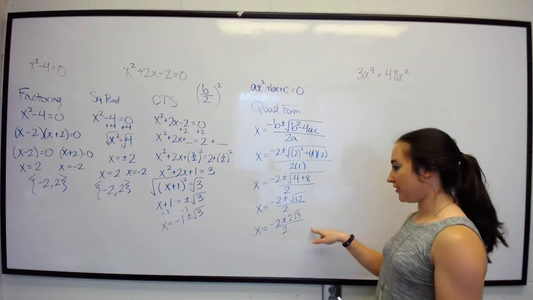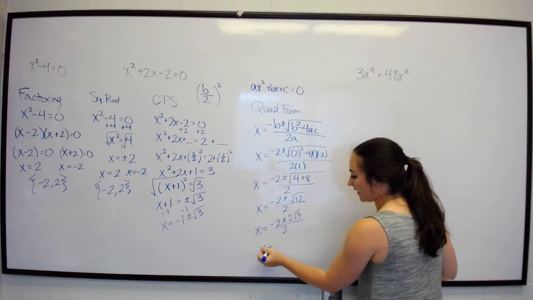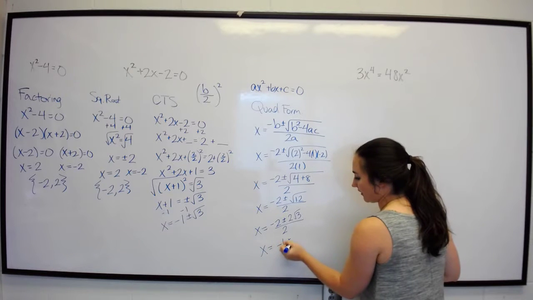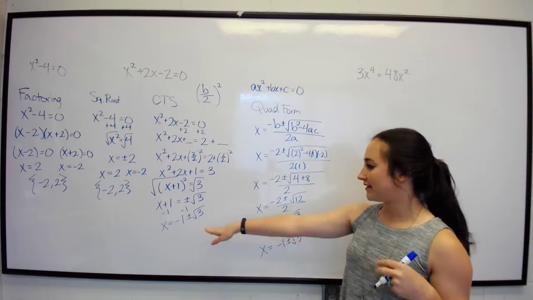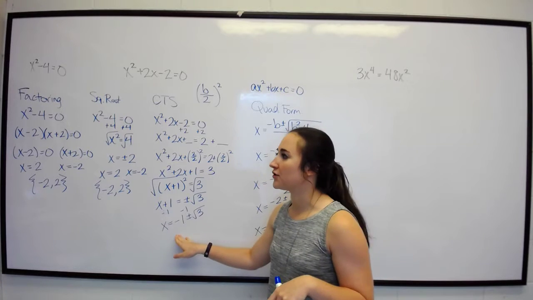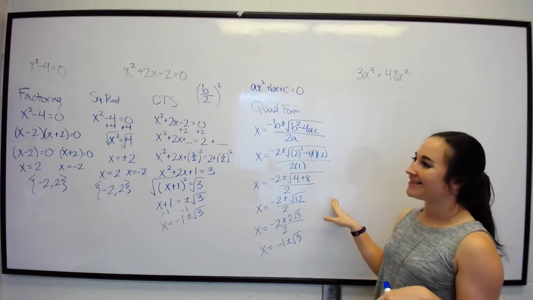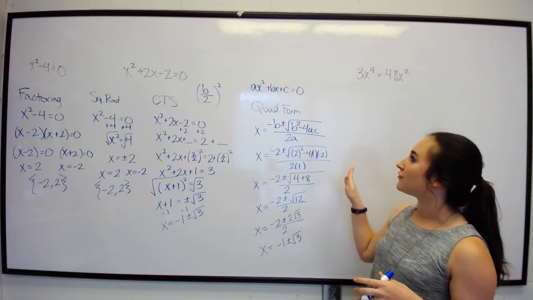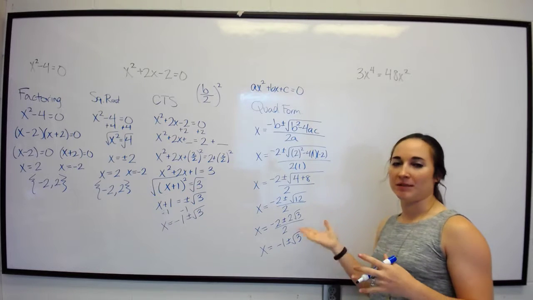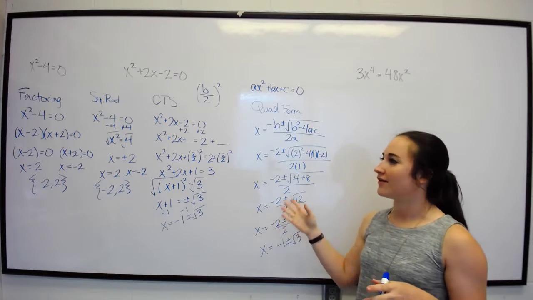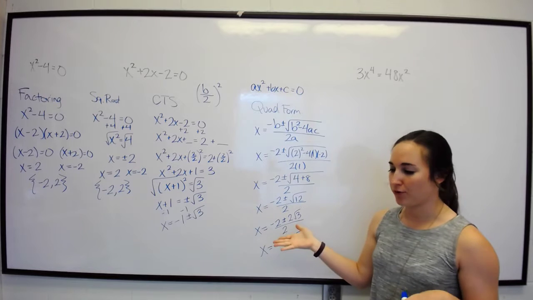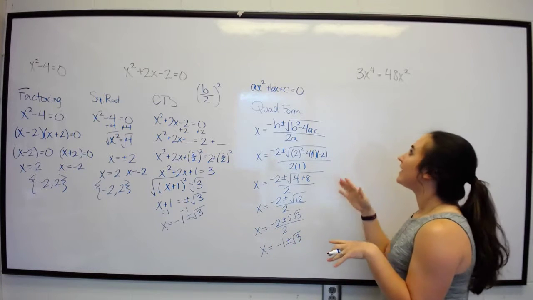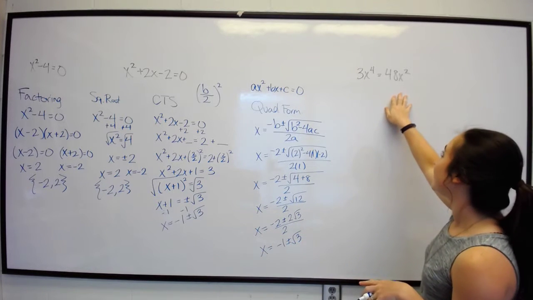All of these have a 2. We have a GCF. So we get x equals -1 plus or minus the square root of 3, which is the same thing we got from completing the square. So these are 4 methods that you can use. Quadratic formula will work anytime, so most people prefer it, but sometimes it is faster to use factoring, square root, or completing the square. Let's look at one more problem here.